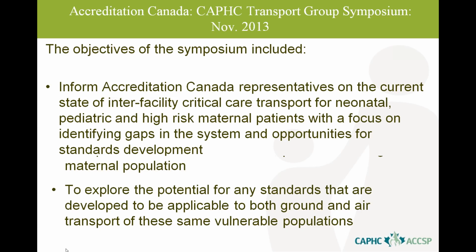One was to bring Accreditation Canada up to speed with the work that we'd been doing on trying to create a standards document to do with our high-risk populations. But the other thing was for us to learn more directly from Accreditation Canada on what they do and what they might be able to do when it comes to helping us build standards for pediatric, neonatal, and high-risk maternal transport.